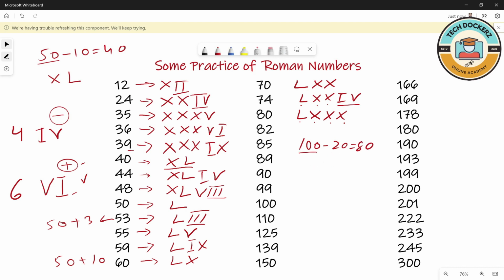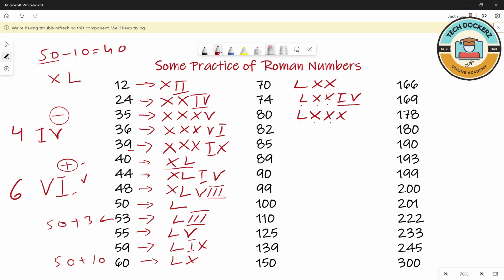So how can we write 100 minus 20 in Roman numbers? Smaller number followed by bigger number, which is C. So both methods of writing 80 are correct. We can write LXXX, which is 50 plus 10, 10 and 10, or we can write XX then C, which is 100 minus 20.